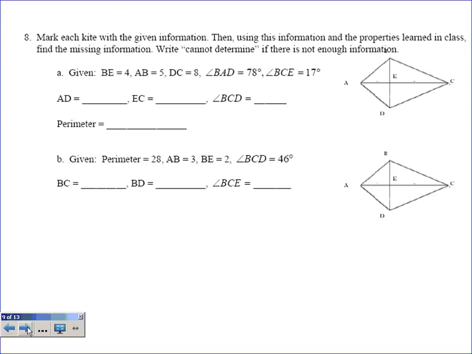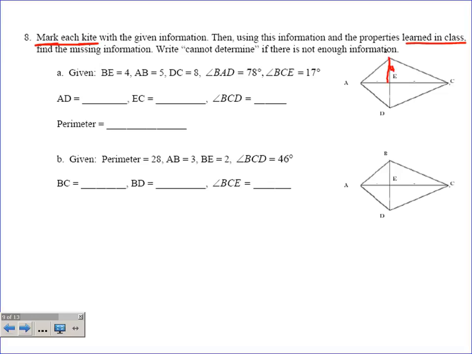Number 8, it says mark each kite with the given information. So you need to mark your diagram. Then using the information learned in class, find the missing information. There's a lot of stuff that deals with kites. BE is 4, so this part right here is 4.